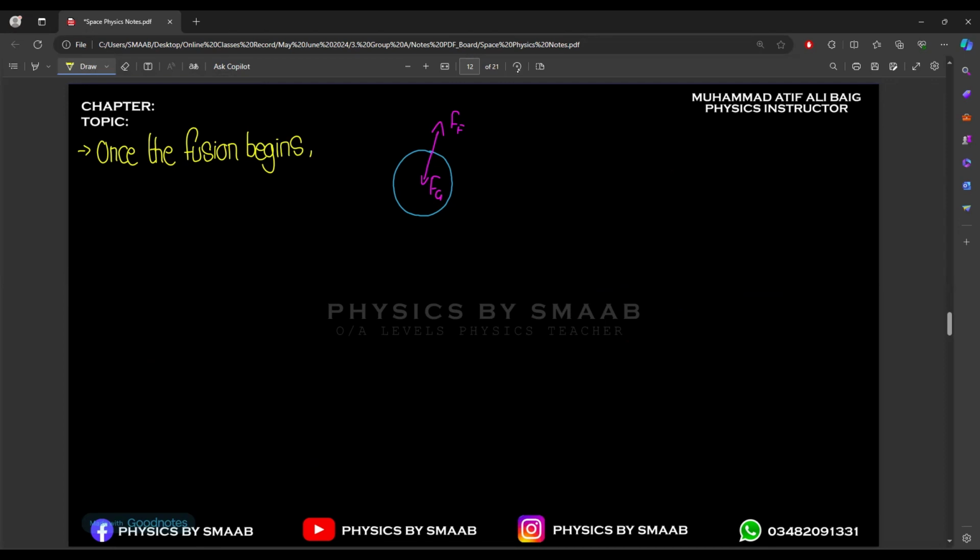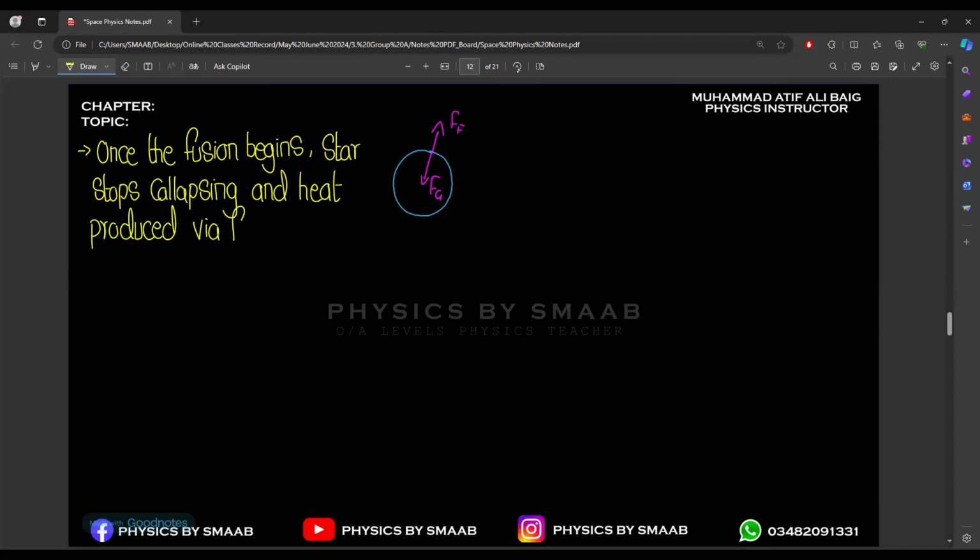So once the fusion begins, the star stops collapsing and heat is produced.